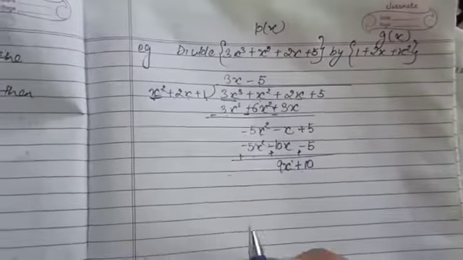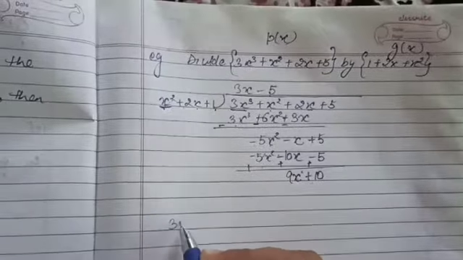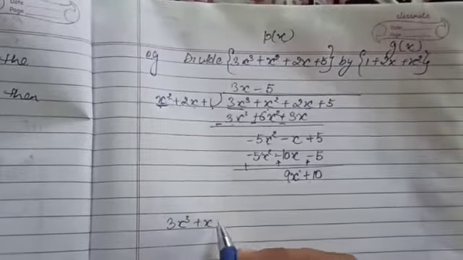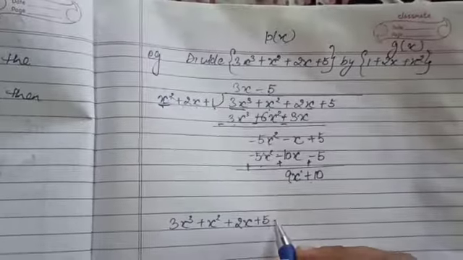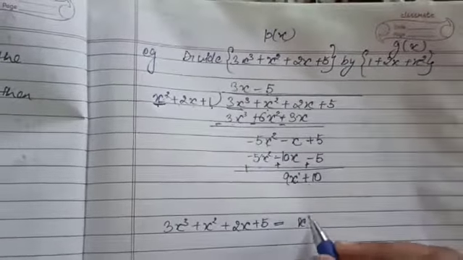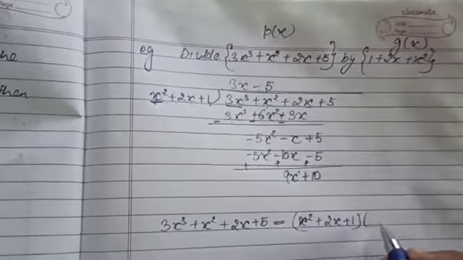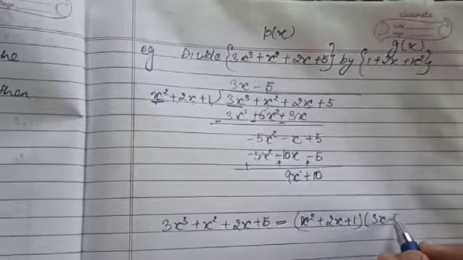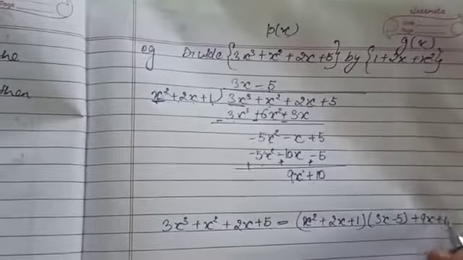Therefore we can write our polynomial like this: 3x cube plus x square plus 2x plus 5 is equal to x square plus 2x plus 1 multiplied by 3x minus 5 plus 9x plus 10.